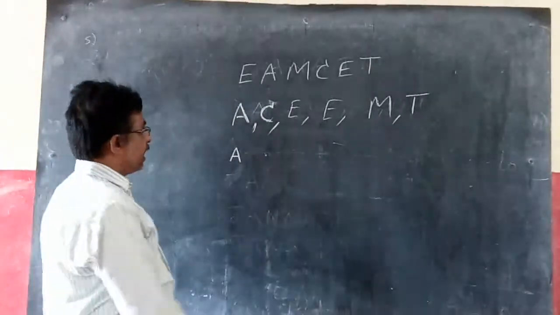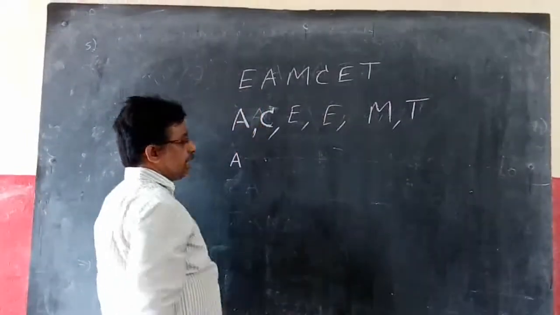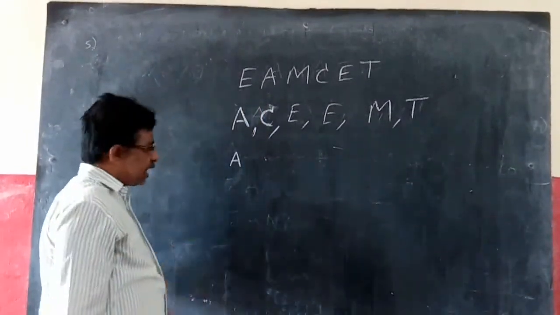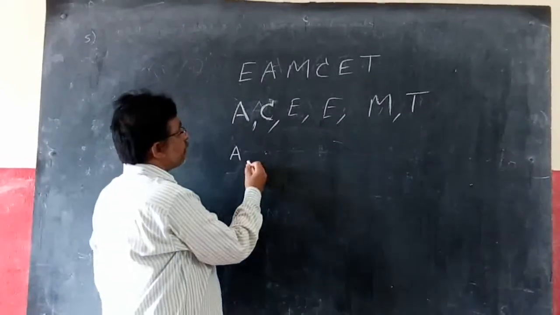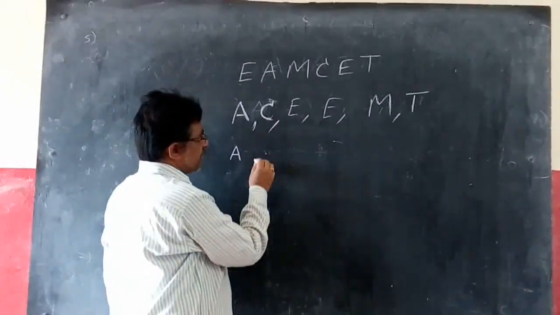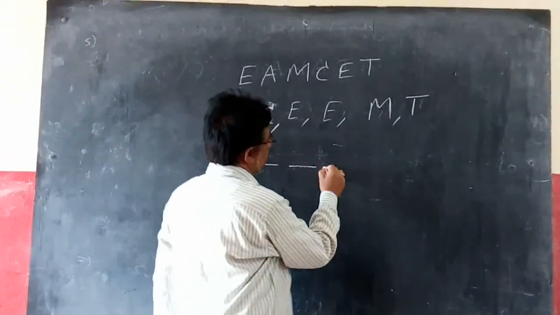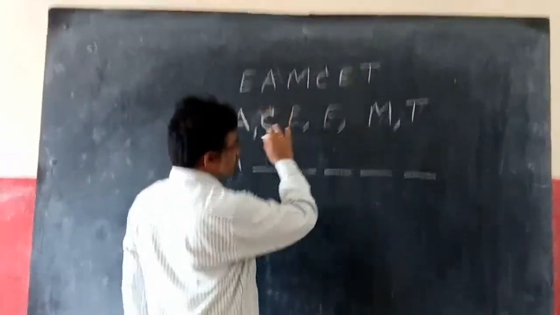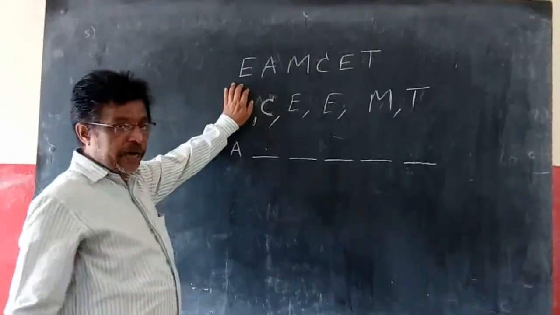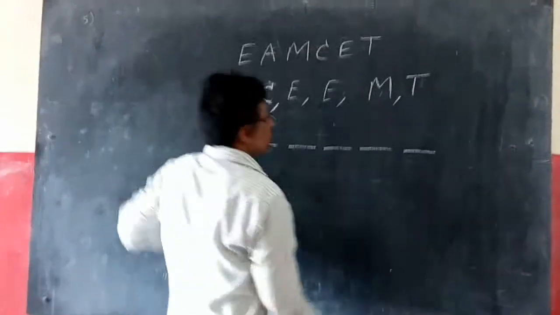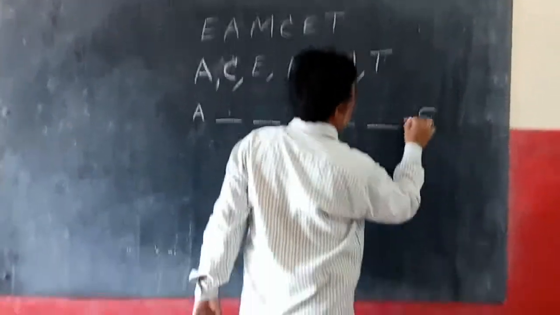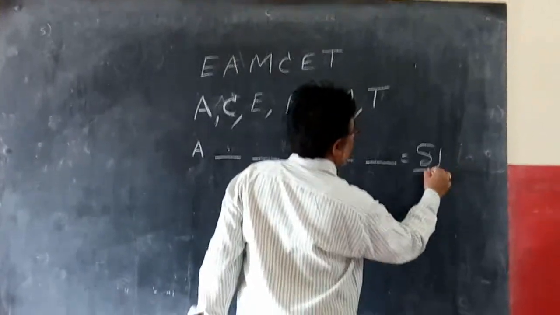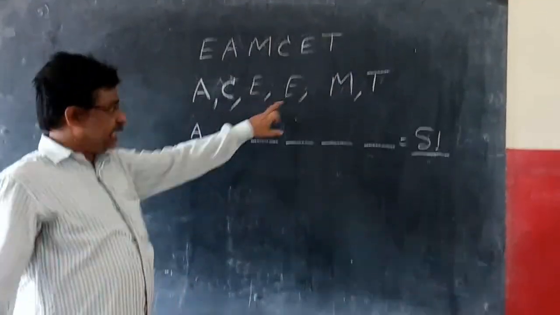With A, we don't want, we want with E. But we will count how many words will be formed with A. Starting with A, the remaining 5 letters can be arranged in 5 factorial by 2 factorial, since E is repeated twice.